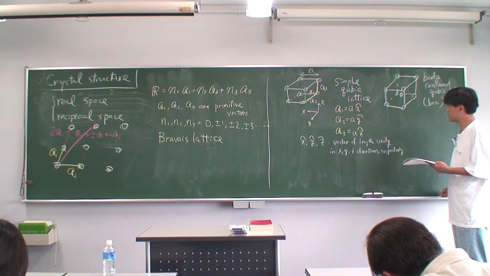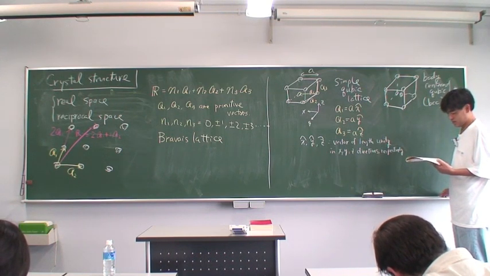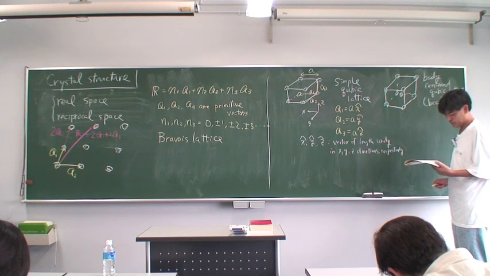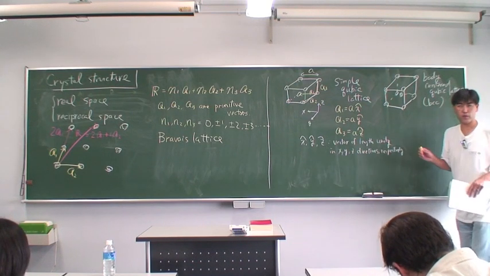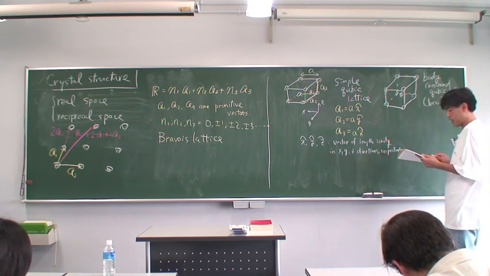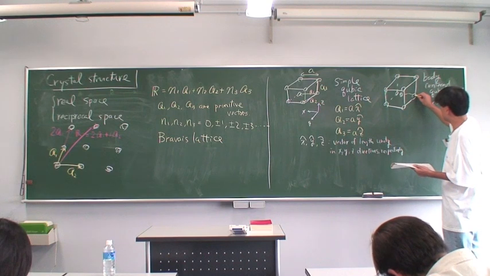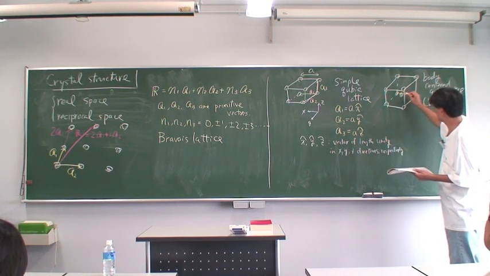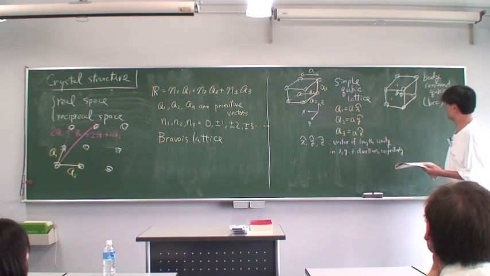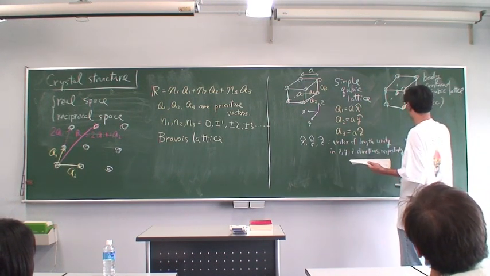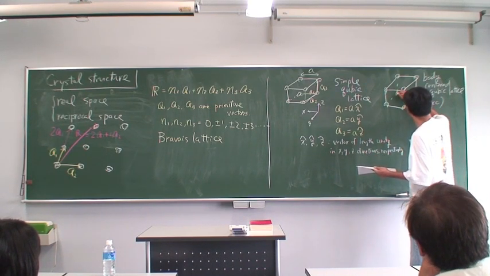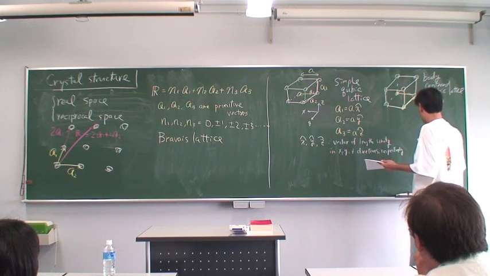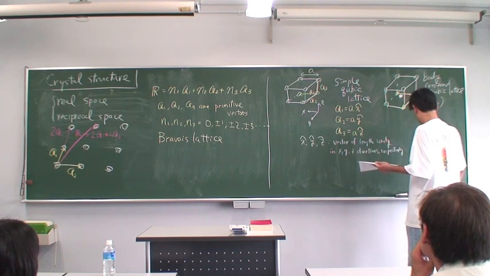So what are the primitive vectors? There are many different ways. If I want to do it very simply, maybe I choose this. Let me redraw this a little bit, and somewhere in the middle we have one more.